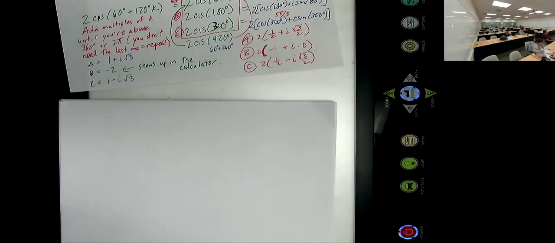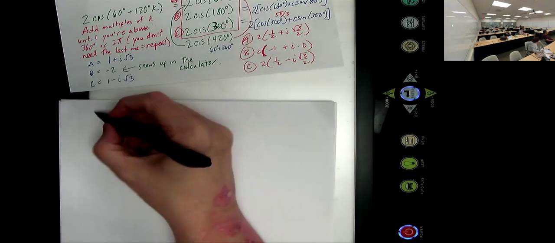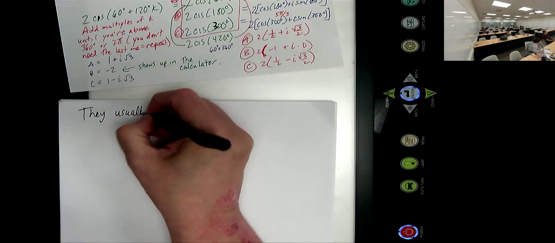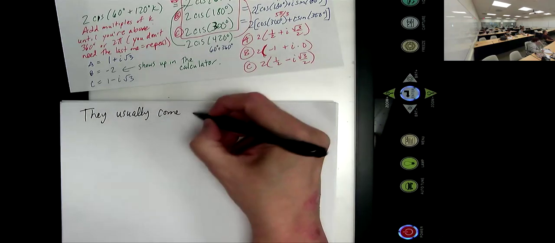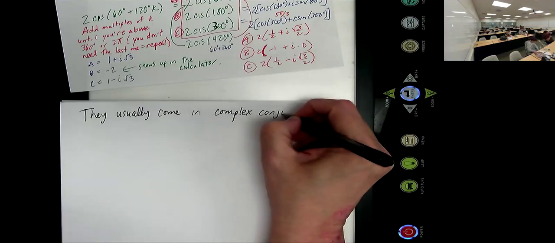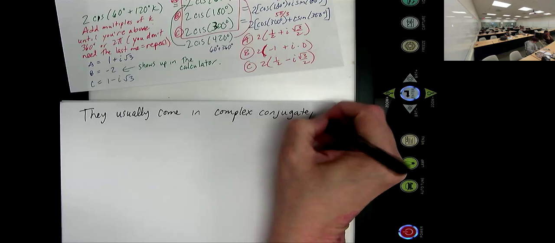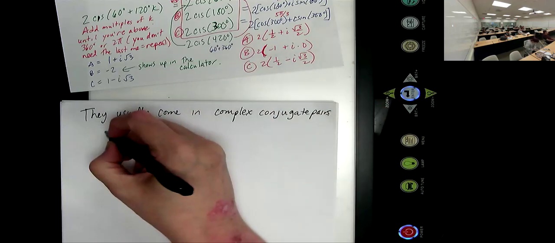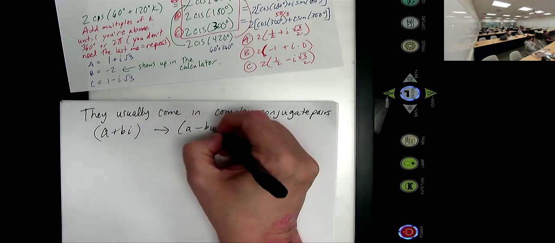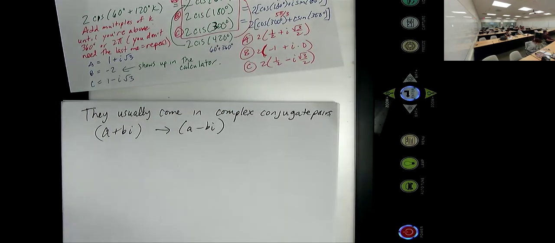These usually come in complex conjugate pairs, which means if there is an a plus bi, there's going to be an a minus bi. That's called the conjugate of each other.